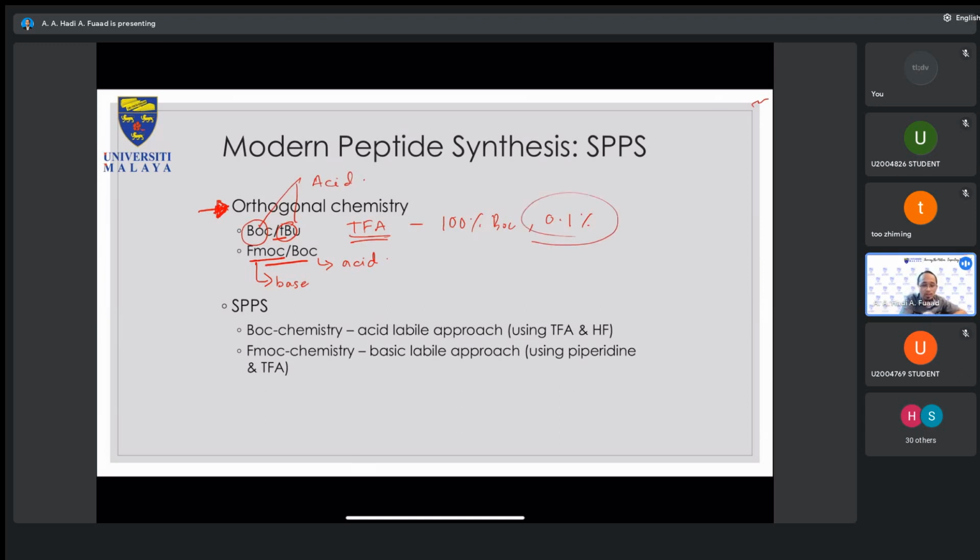But if you use FMOC and BOC chemistry, and you have an FMOC attached on your amino acid on your resin, for example, because FMOC is base labile, if you use a base, for example piperidine, which is what we normally use in the lab, you can remove this while keeping the BOC intact, 100%.